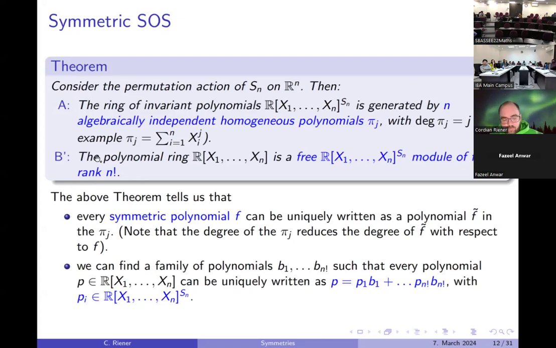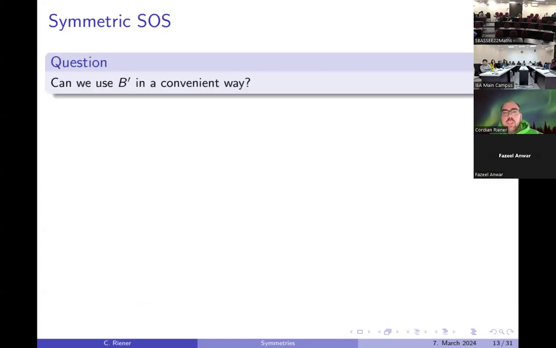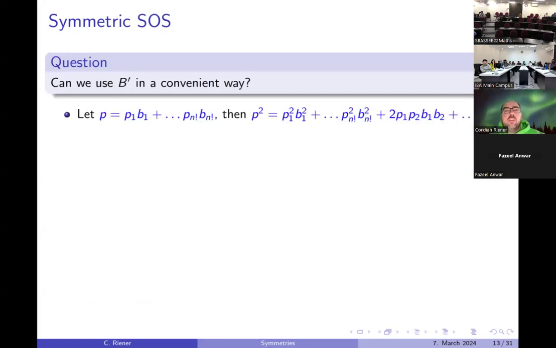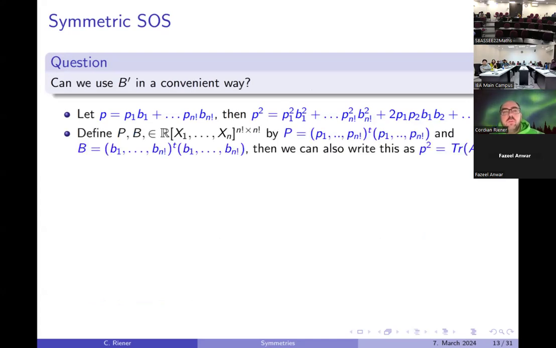Very good. So how can we now make use of this fact B in a convenient way? We do exactly the same thing. If I have my p written in this unique way with the help of this basis, then I square it. This is a very simple thing to do. Now I use a little bit of abusive notation. I take two matrices B and P, which are matrices of size n factorial times n factorial.